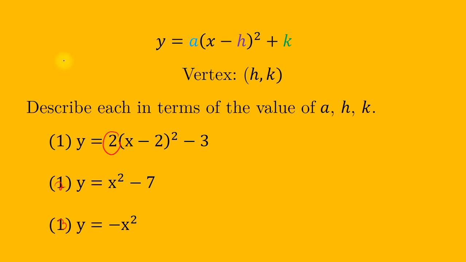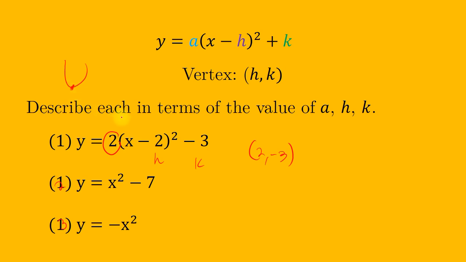The vertex has h equal to 2 and k equal to negative 3, so the vertex is (2, -3). The graph opens upward, and the turning point is (2, -3).